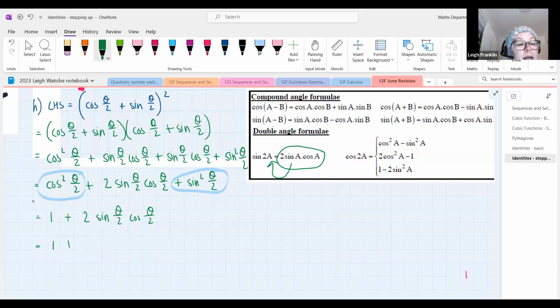Plus sine of the double angle of theta over 2. All right, and this 2 is in the numerator, that 2 is in the denominator. And that's how you get sine theta.